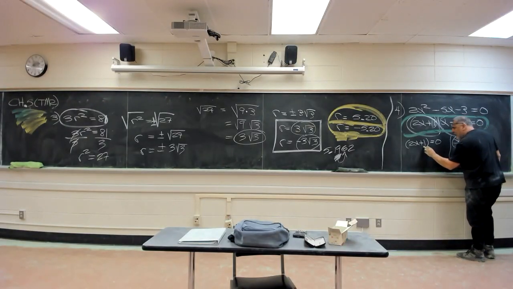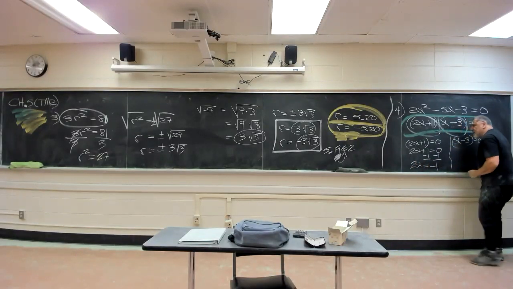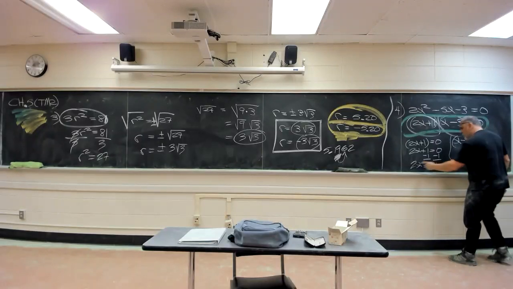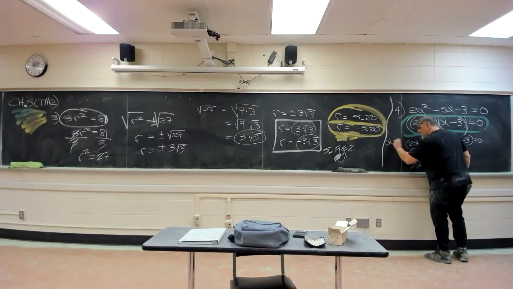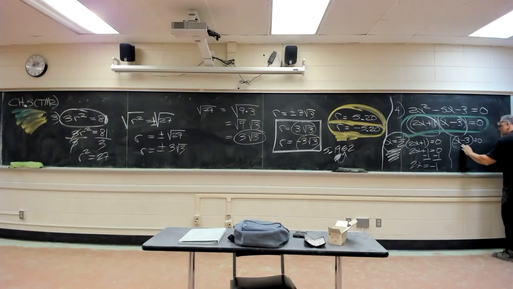Well, how would you get this guy to be equal to 0? I'd say 2x plus 1 equals 0. Subtract 1 on each side. 2x equals -1. Divide by 2 on each side. X equals -1/2. X minus 3 equals 0. Add 3 on each side.